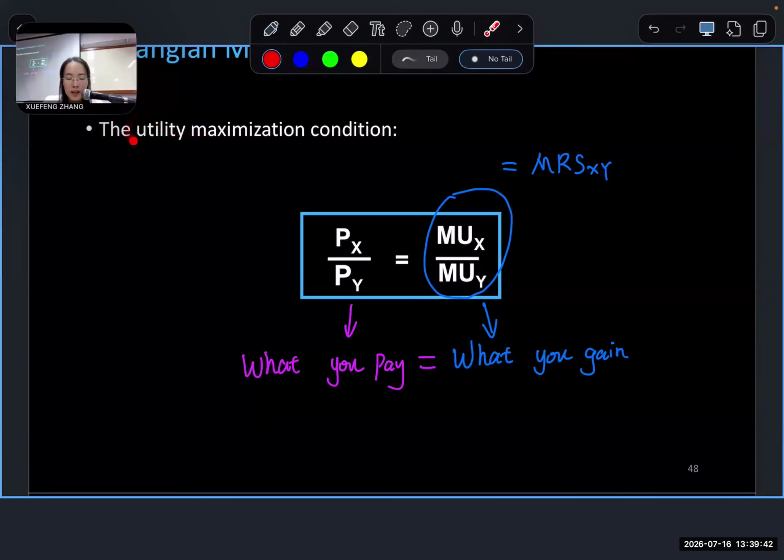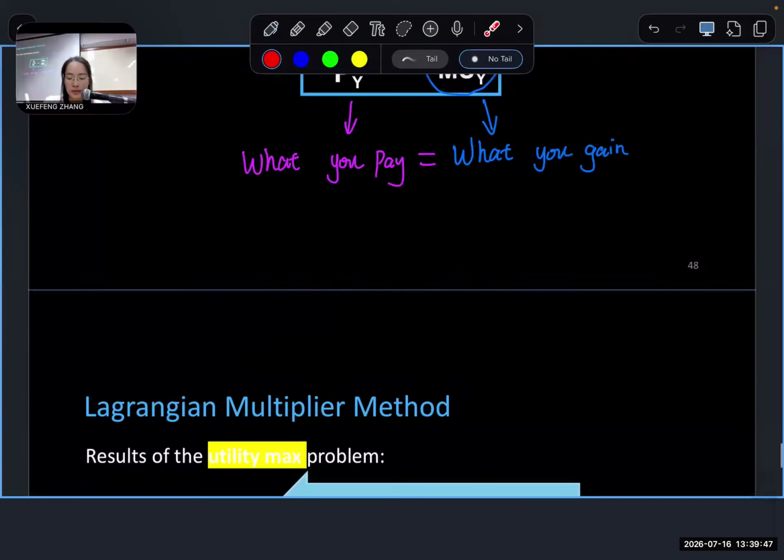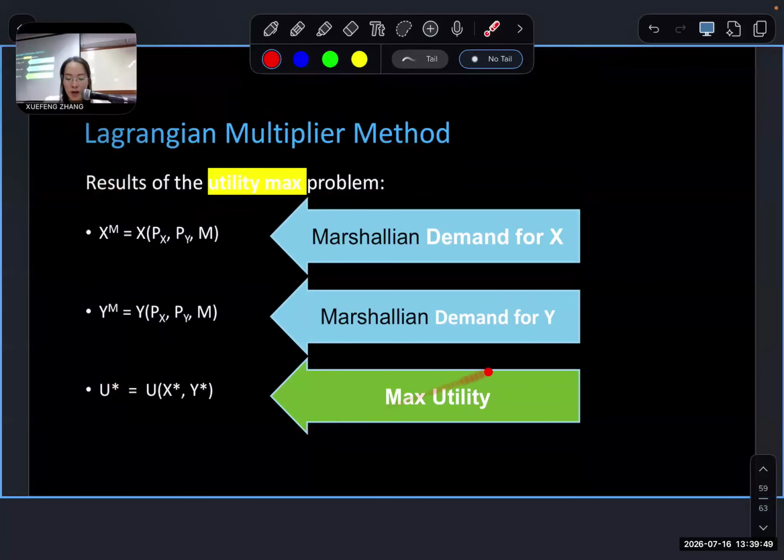Be careful here, we are talking about utility maximization first. If we solve the Lagrangian, you get the results of the utility maximizing problem. You get X, you get Y, you get U. So X and Y here are the Marshallian demand for X and Y, right? Px, Py, and M are the given variables, the given conditions.